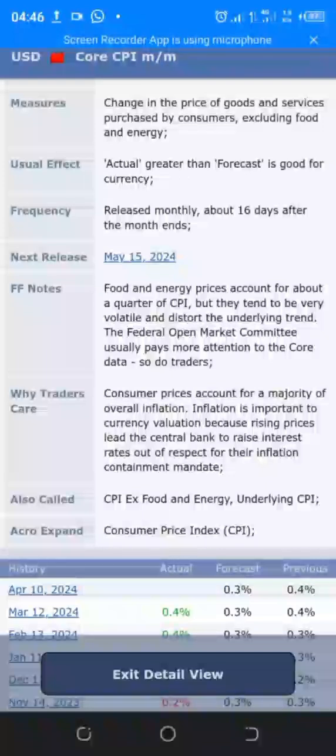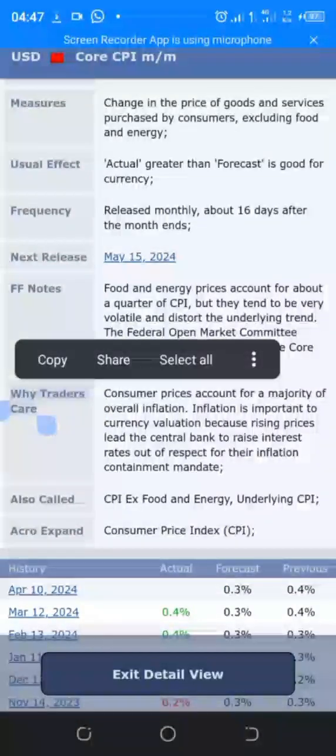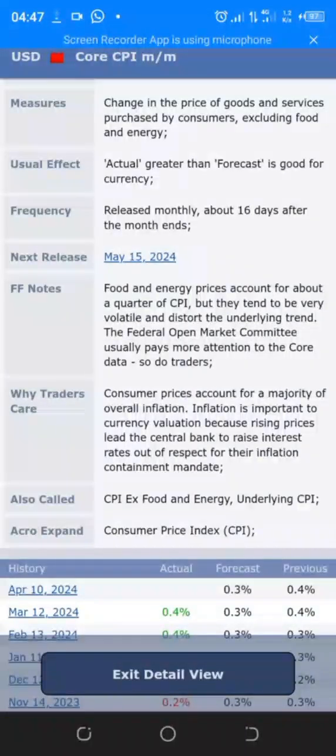Now what this means, why traders care about consumer price index. Look at it here. Consumer price index accounts for a majority of overall inflation. This news is so powerful that it also affects the stock market.